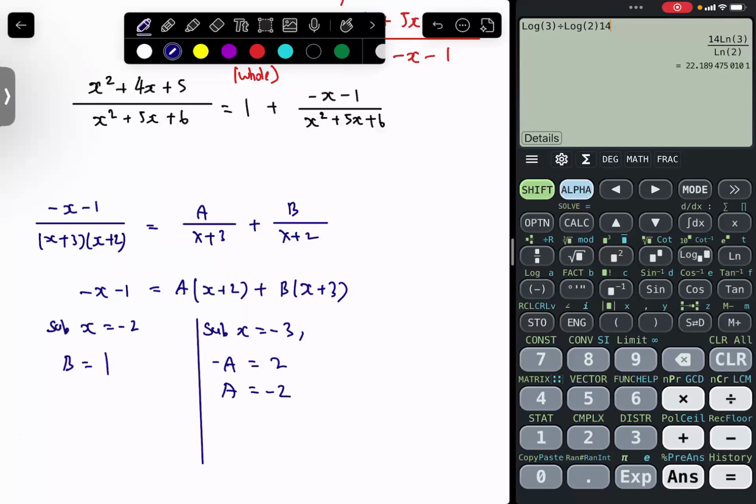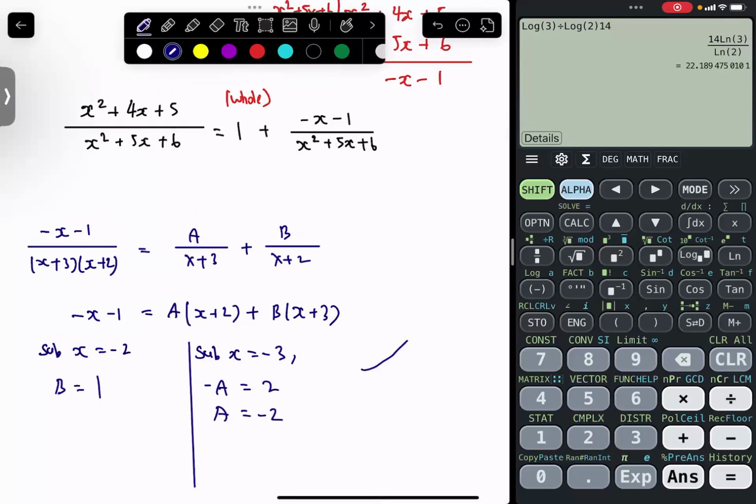So therefore, with this solution, we put it back over here, it will be 1 plus 1 over x plus 2 minus 2 over x plus 3. Answer.